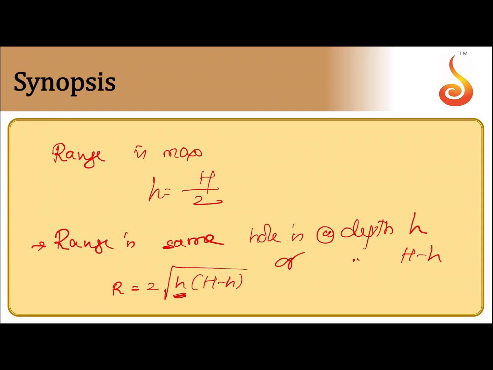Whether h is taken as the depth of the hole from the top or H minus h is taken as the depth of the hole from the top, in both the cases the range remains the same. That means whether the hole is punched at a depth of h from top or at a height of h from the bottom does not matter. The range is same in both the cases.